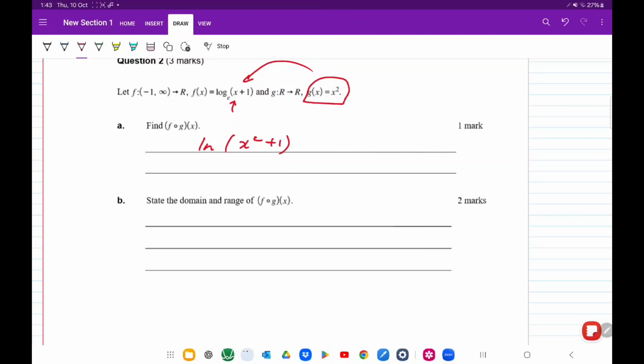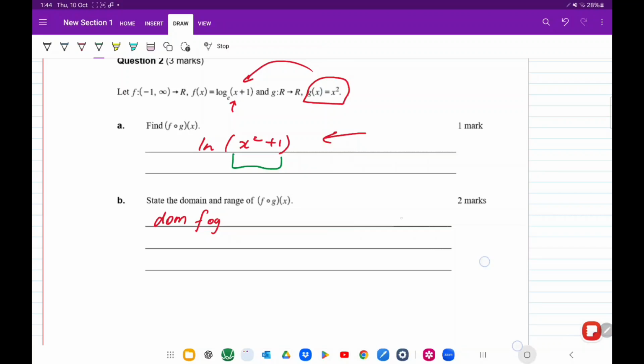So let's have a look at this graph at the moment. When we're talking about the domain of f of g, if we look at this graph, log is not defined when we're trying to evaluate 0 or any negative value.